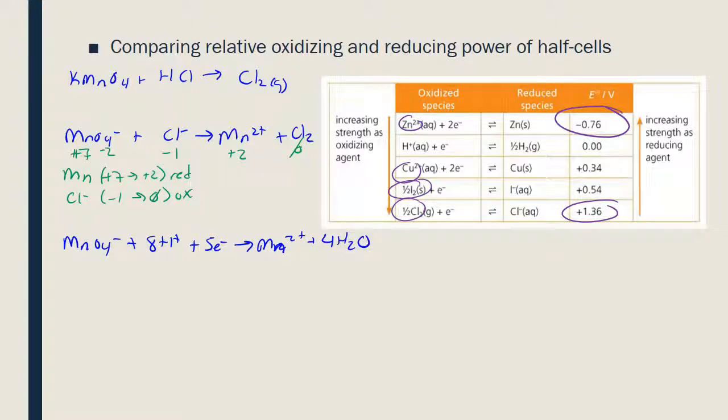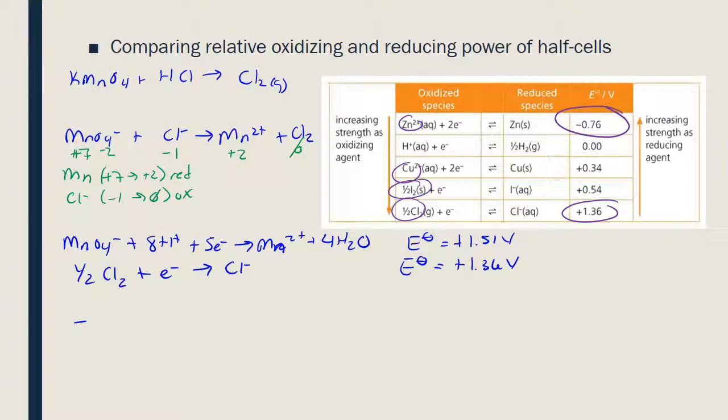So that is the half reaction you want to look for in your table 24. And we see that that has an E theta value of positive 1.51 volts. Then we have half a Cl2 plus an electron gives us a single chlorine ion. That gives us an E theta value of positive 1.36 volts.